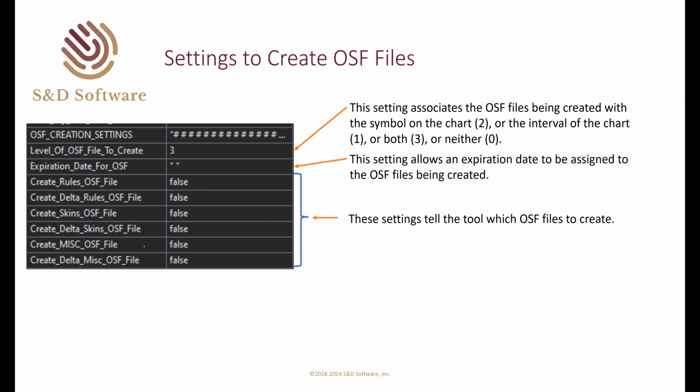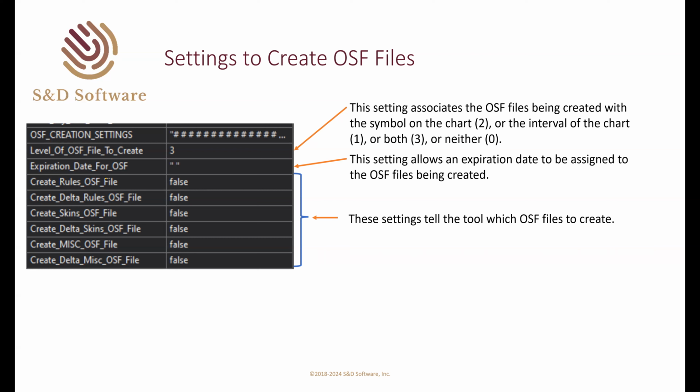Now, if you want to create OSF files that are intended for layering, you don't want them to contain the entire table. Then what you're going to do is, in addition to telling him to create whatever OSF file you want for whatever particular settings group it is, you'll also tell him to create a delta rules, a delta file.